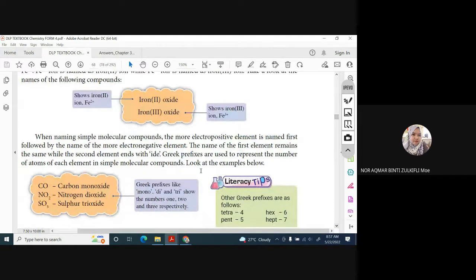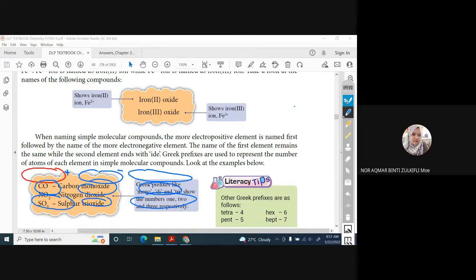Okay, ada special case like iron 2 oxide and iron 3 oxide because they have two types of iron, iron 2 and iron 3. So for the special case, the number is in Roman numerals here. Since it's iron 2, it refers to Fe2+ charge.